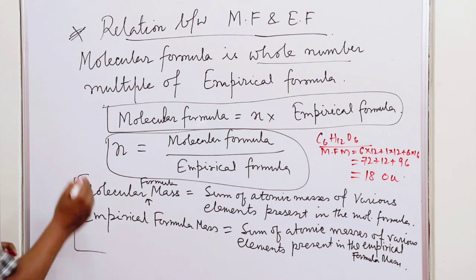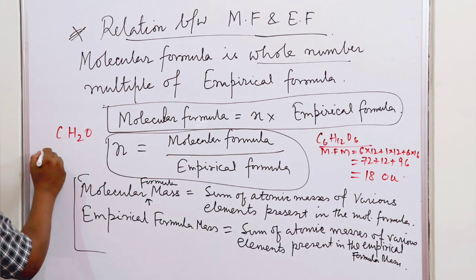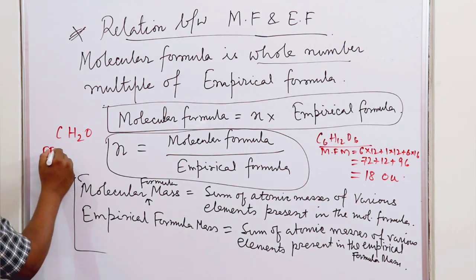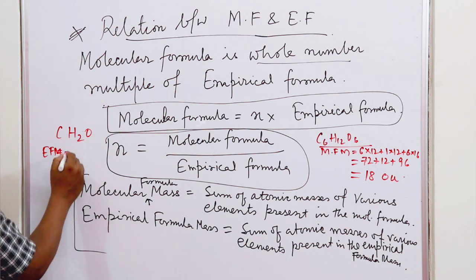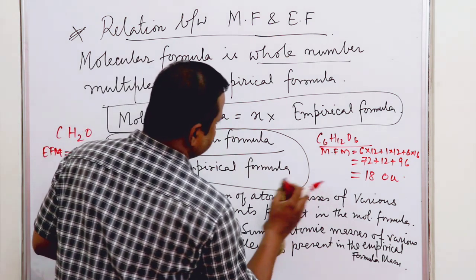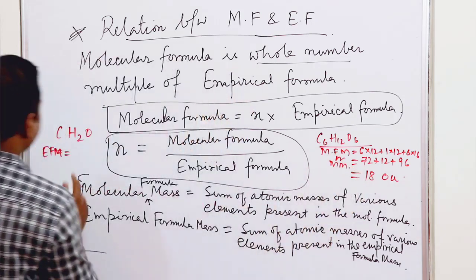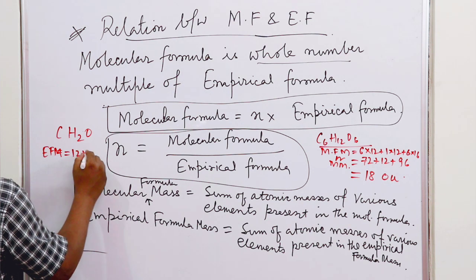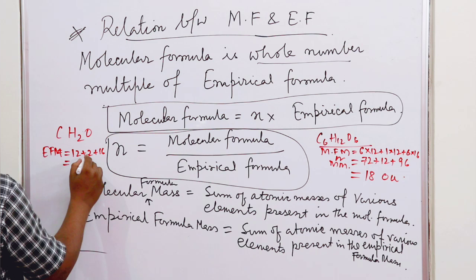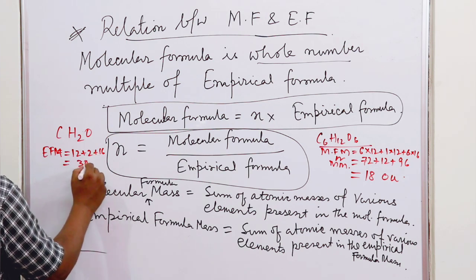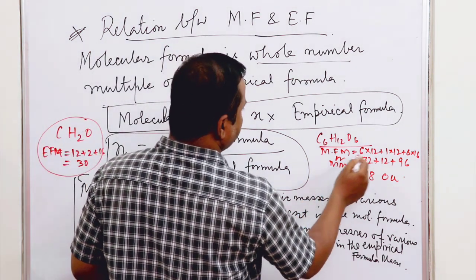Now if you are asked to find out the empirical formula mass, the empirical formula is CH2O. So the empirical formula mass is 12 plus 2 plus 16. So that is 12 plus 2, 14 plus 16, 30. So in this way you calculate empirical formula mass or molecular mass.